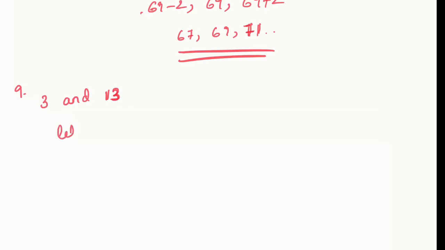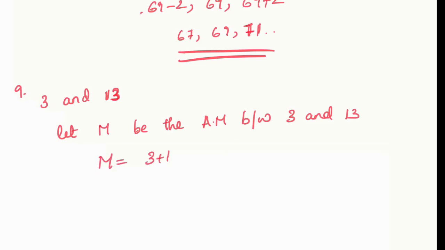So let M be the arithmetic mean between 3 and 13. So M will be equal to (3 plus 13) by 2. It's equal to 16 by 2. It's equal to 8. So the answer is arithmetic mean is equal to 8.